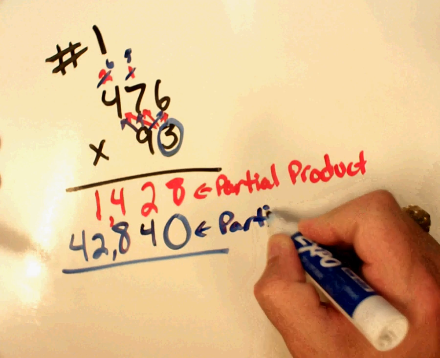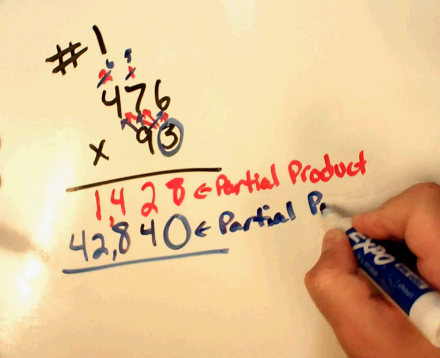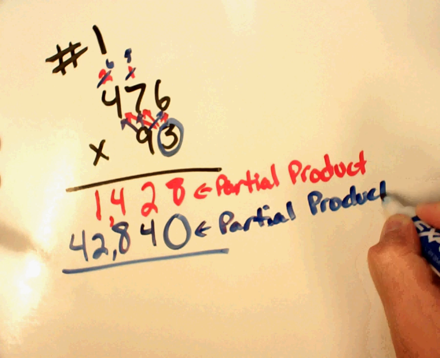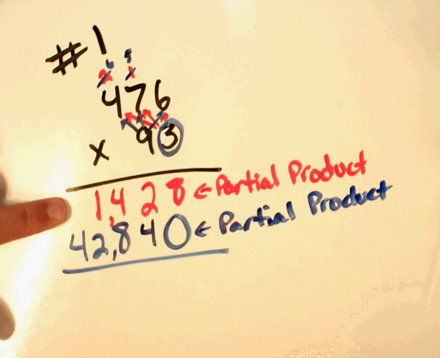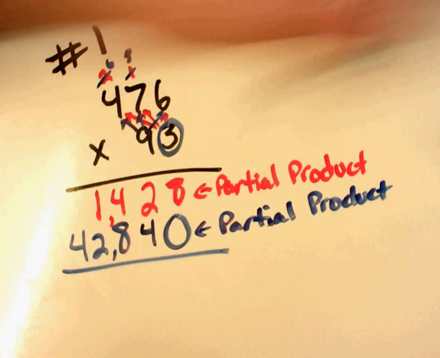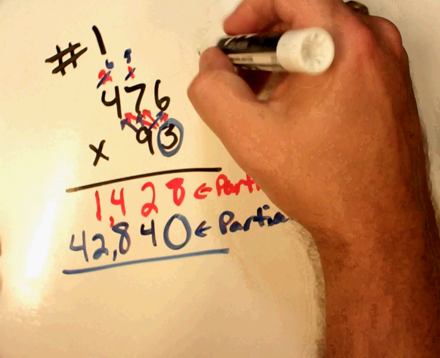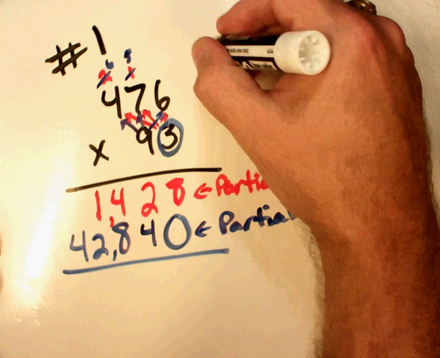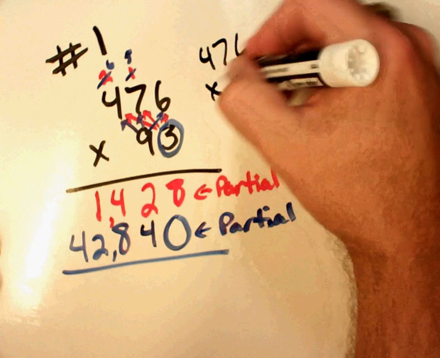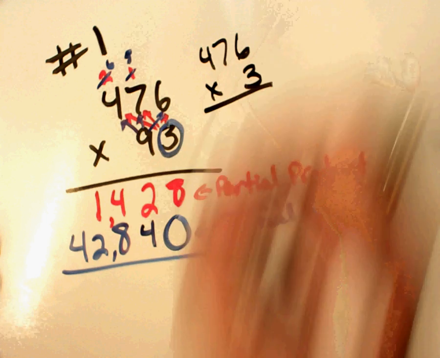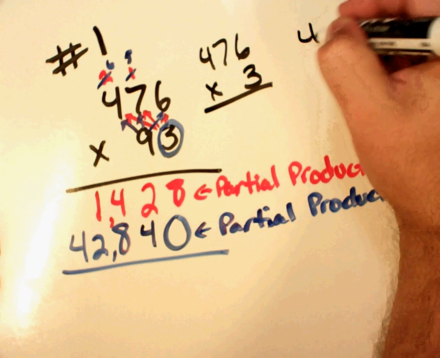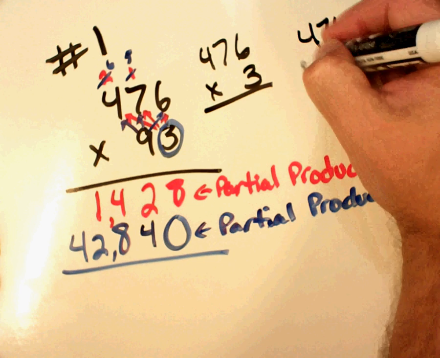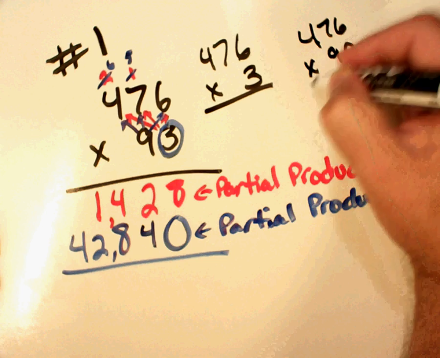Now, if you're checking your work with a calculator, and you see that your final answer is wrong, one thing that you can do is go back and check your partial products individually. The way you do that is, you just separate it into the expanded form of the problem. So we do 476 times 3 from my 3, and then we do 476 times 90.